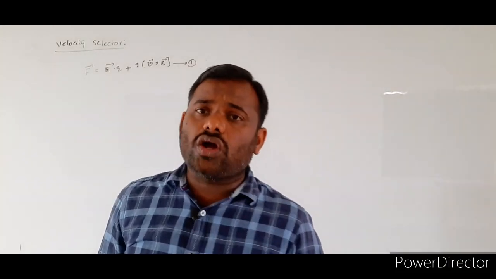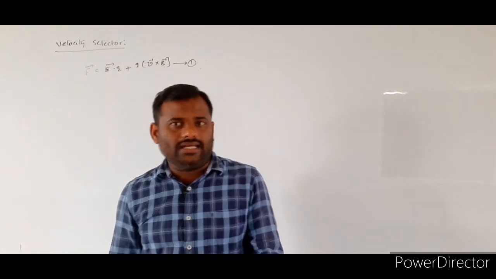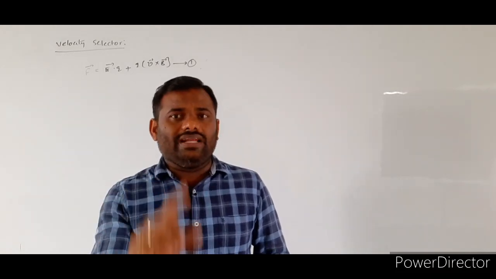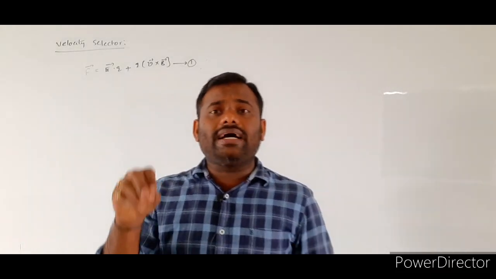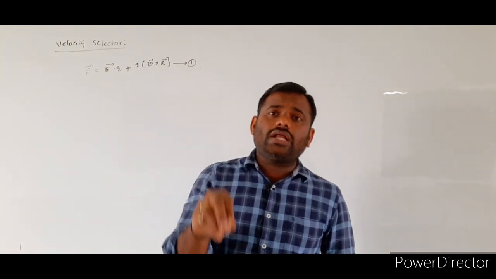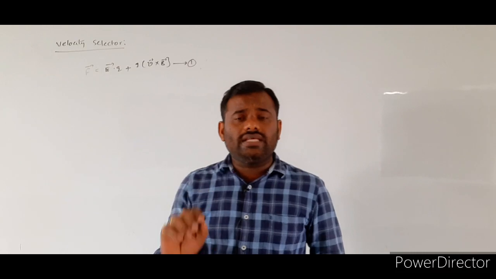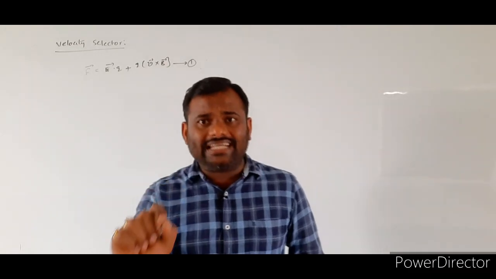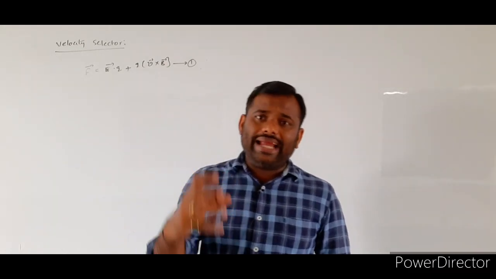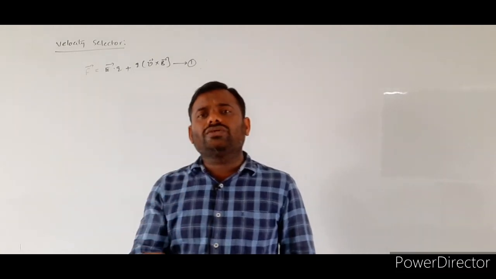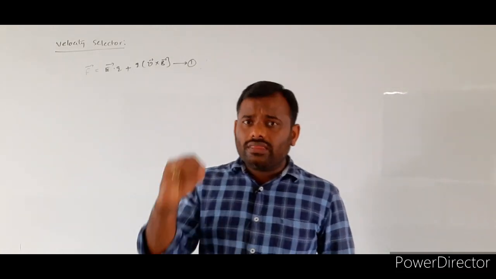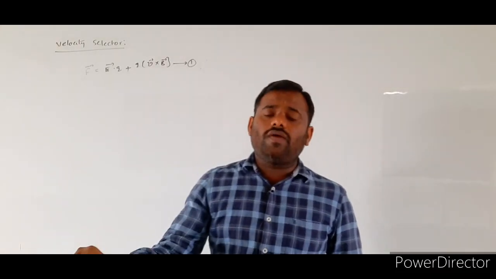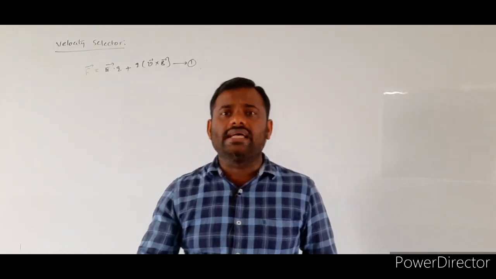Such a principle we call the velocity selector. Once again I will state the definition. Velocity selector is the principle in which we choose the values of the magnitude of the electric field intensity as well as the magnitude of the magnetic field intensity so that the charged particle gets undeviated while it is passing through the combined fields.